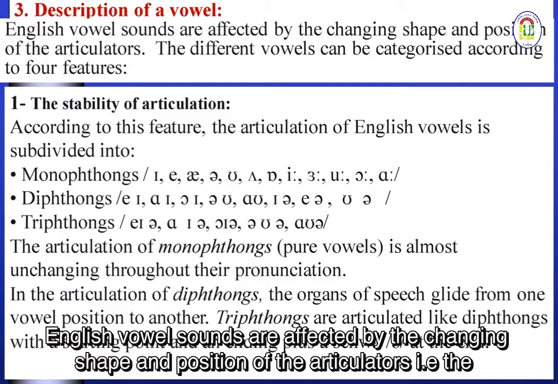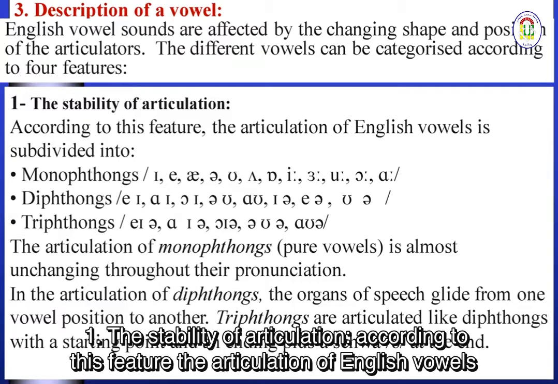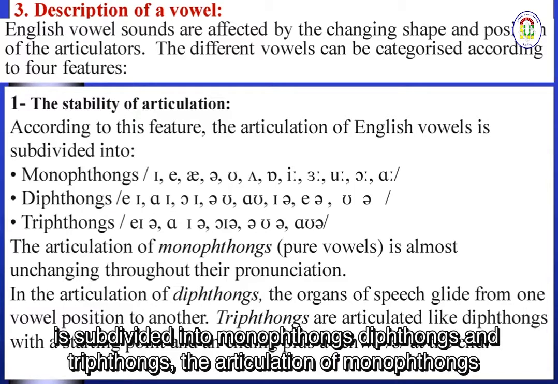English vowel sounds are affected by the change in shape and position of the articulators, i.e. the organs of speech. The different vowels can be categorized according to 4 features. Number 1, the stability of articulation. According to this feature, the articulation of English vowels is subdivided into monophthongs, diphthongs, and triphthongs.